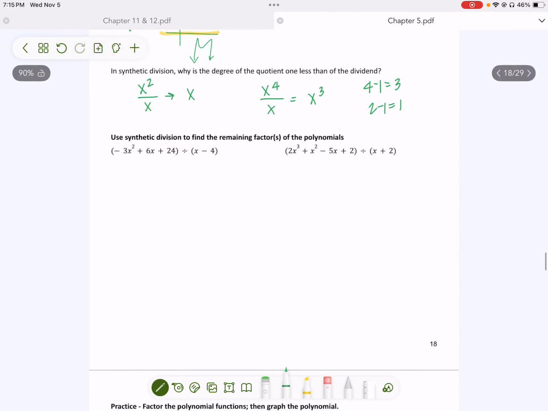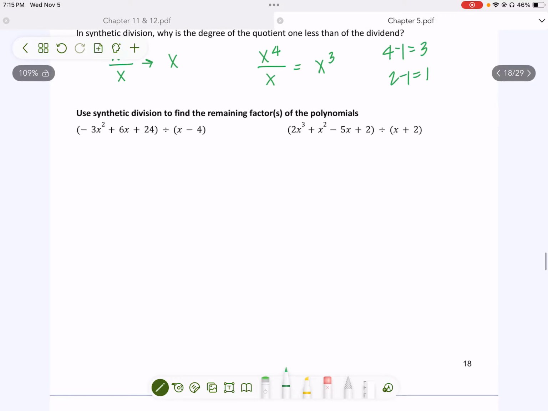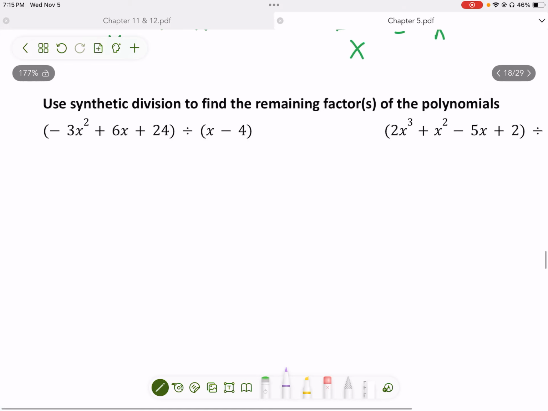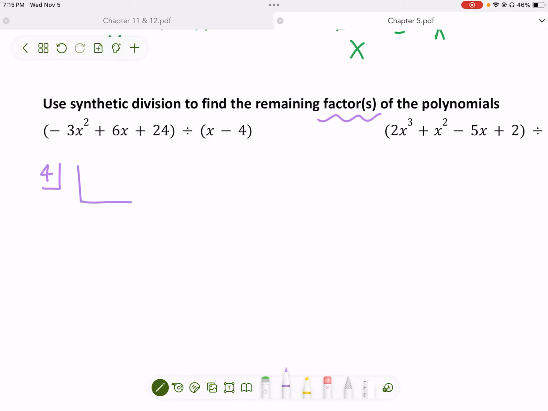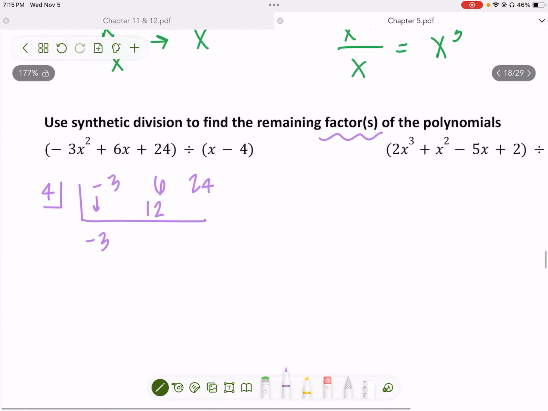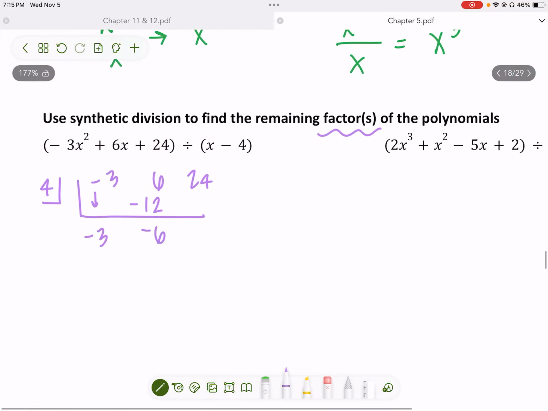All right, now that we've talked about some of the conceptual stuff, let's go back and solve more of these. And then we're going to find the remaining factors. So we have 4 in the little box and -3, 6, and 24. Let's bring down the -3 and multiply. Whoops. -6, multiply, -24, 0.